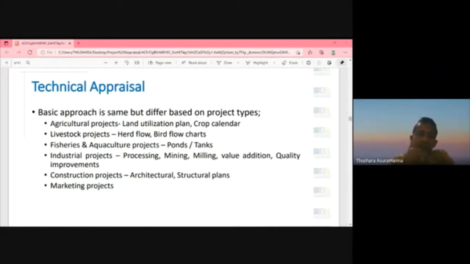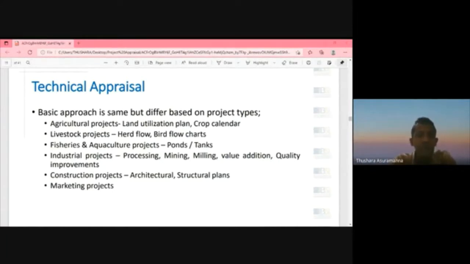But in a livestock project, bird flow and herd flow are important. Fisheries, then you look at ponds, tanks, how many, the species in a particular pond, right? The depth of the pond. So those are the important things.